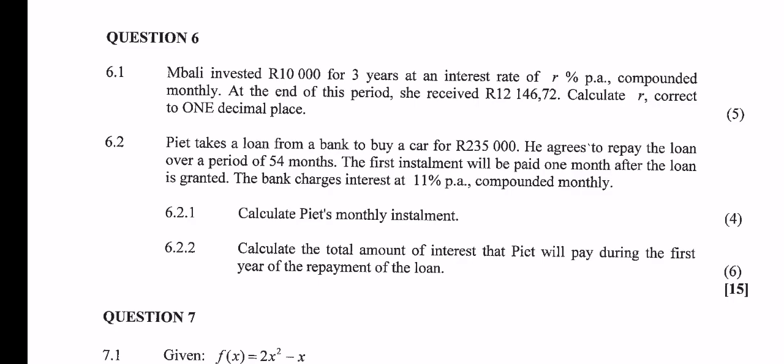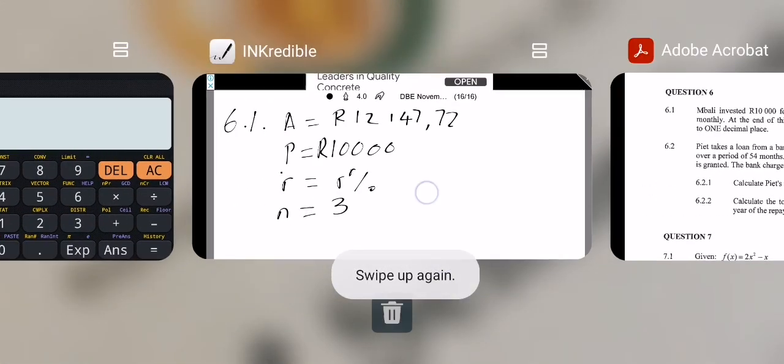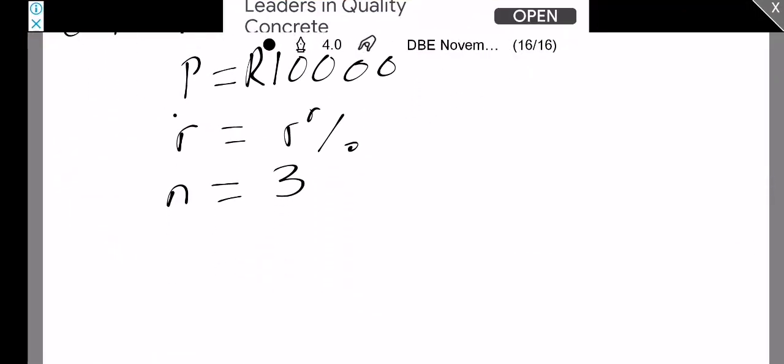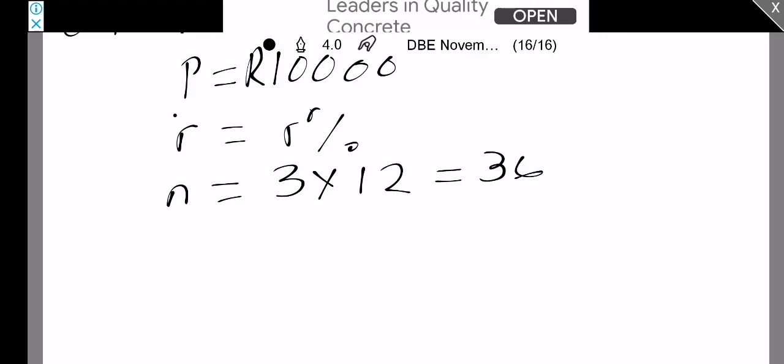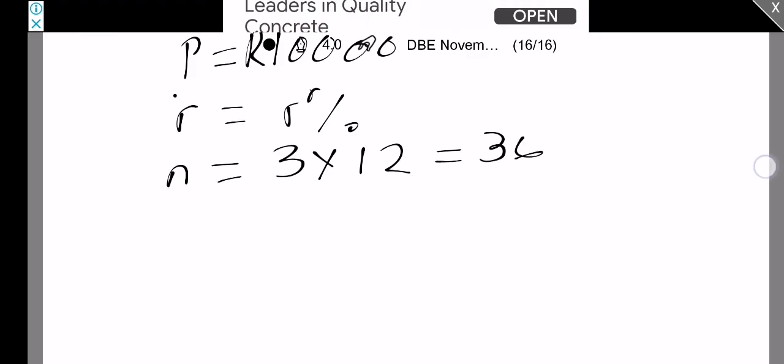So it means it's going to be 3 years times 12 months. That is the value of N. N equals 36. We have to calculate the percentage.